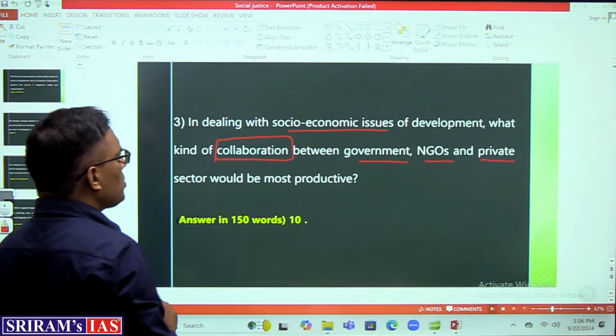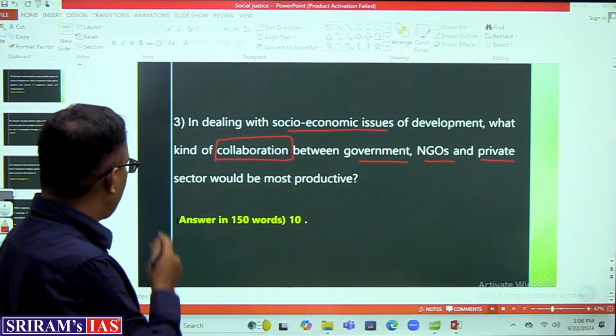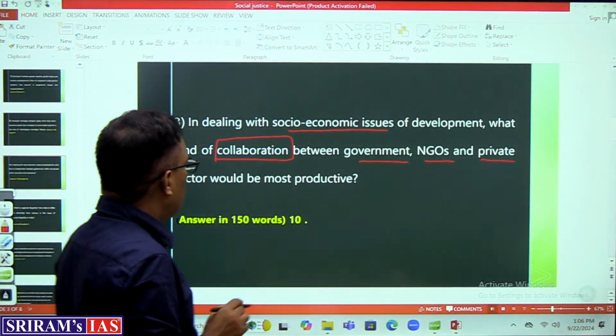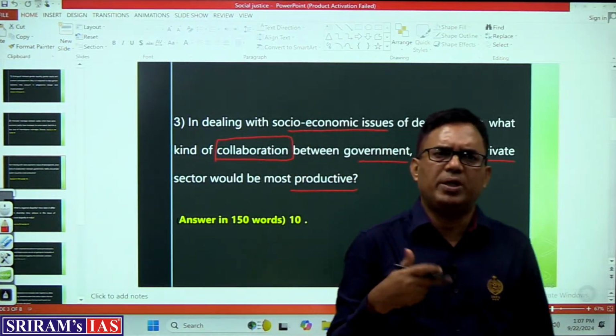In dealing with the socio-economic issues of development, what kind of collaboration between government, NGO and private sector would be most productive? What kind of collaboration should be there?